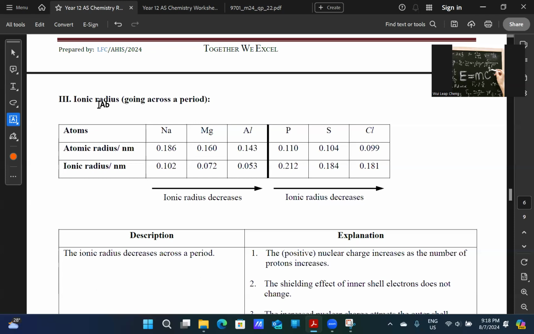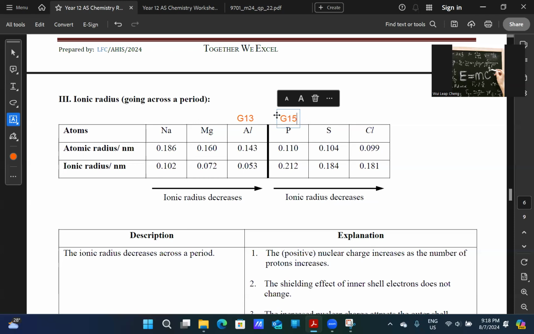Understand the size of the ion. As you can see, going across a period, both show a decrease in the ionic radius, but please take note between which groups? Group 13 and group 15.